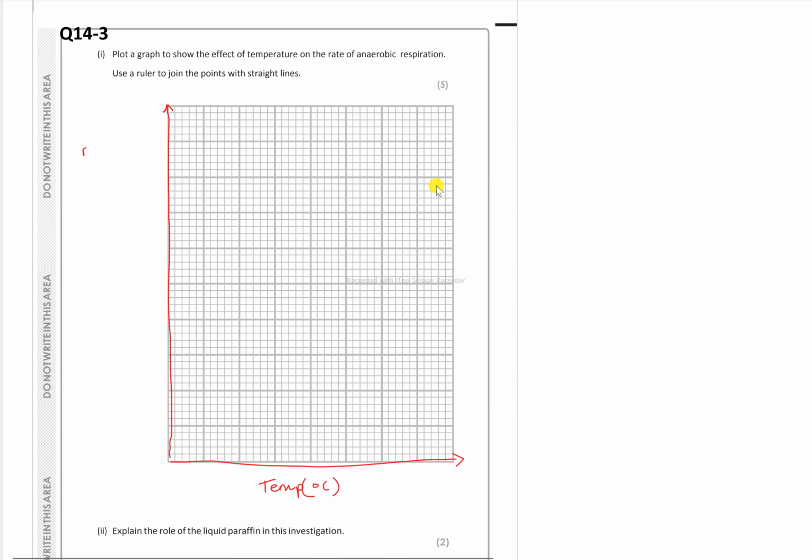So, rate of anaerobic respiration in bubbles per minute. Okay, so that's that done.